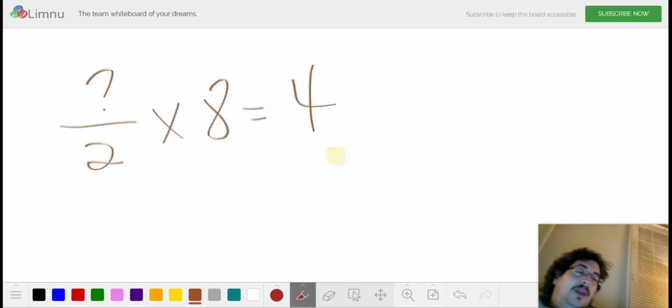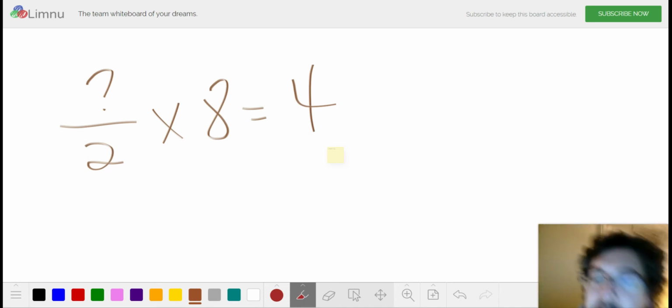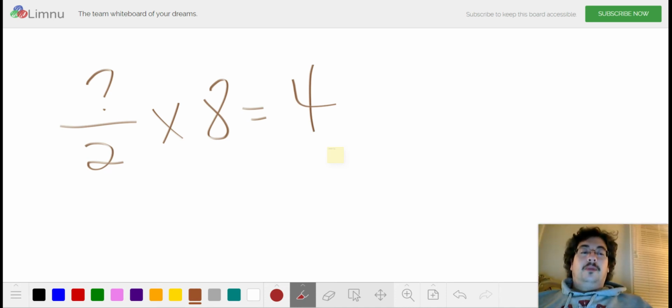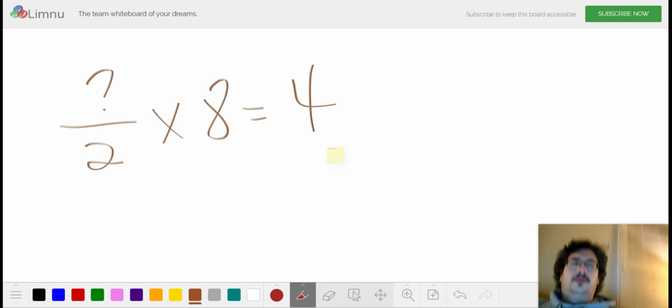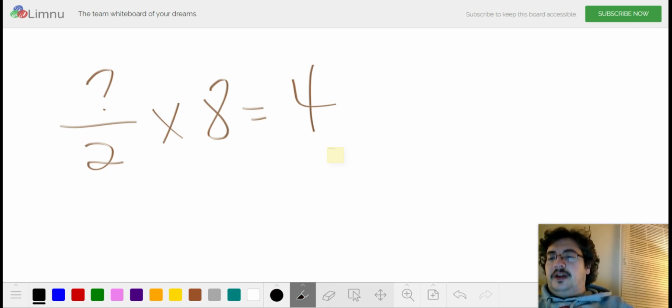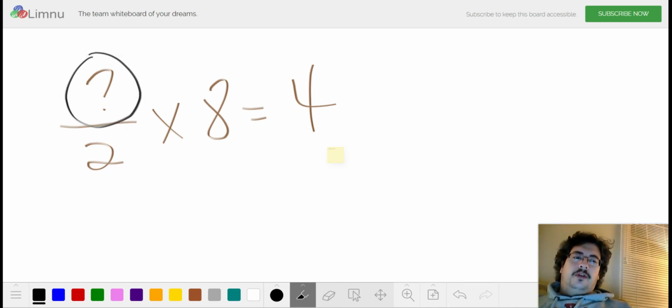All right. So I wanted to show you a problem like this, and it requires a little bit of algebraic thinking, because what we're doing is finding the value of a mystery number.